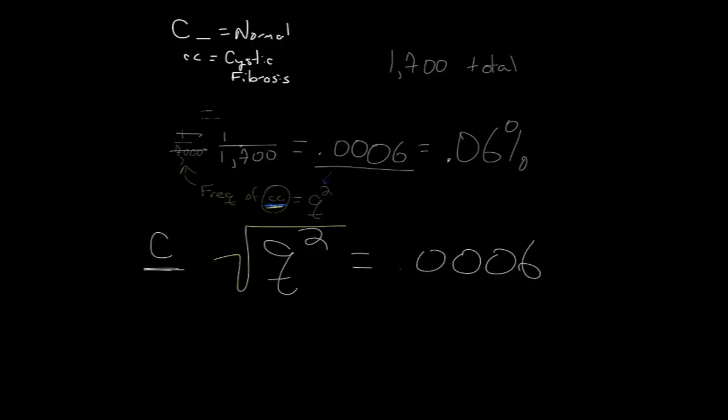You take the square root. 0.0006, the square root of that is equal to 0.025.